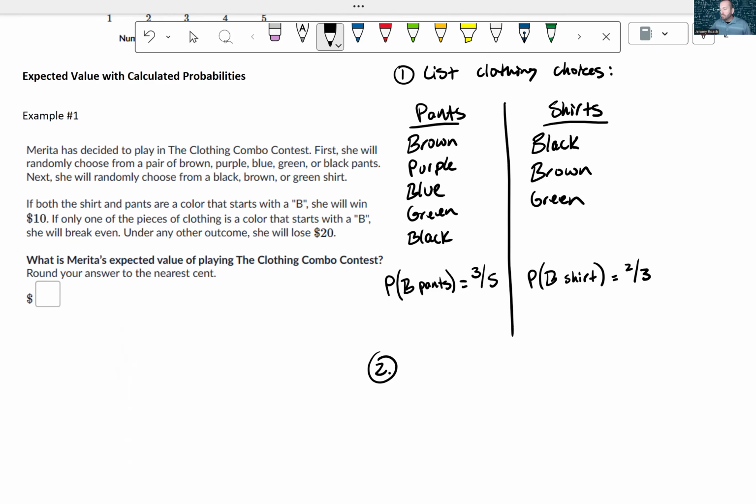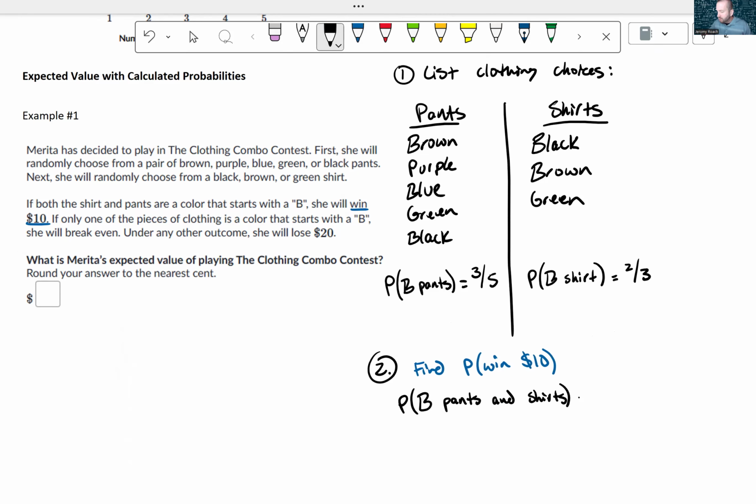So now we're going to calculate the probability of winning $10. We'll make that in blue. If she wins $10, both the shirt and the pants start with the letter B. So that's the probability of B pants and B shirts.